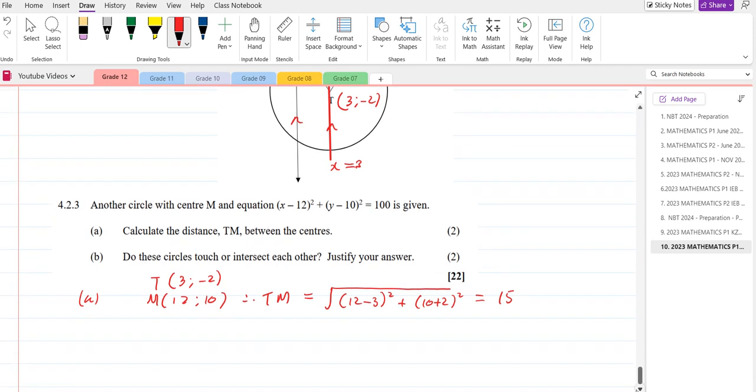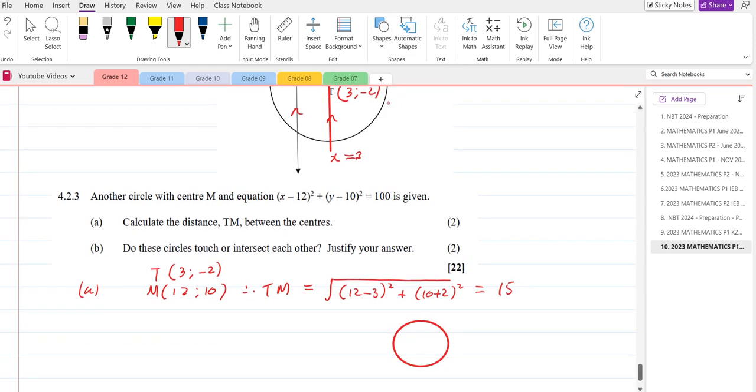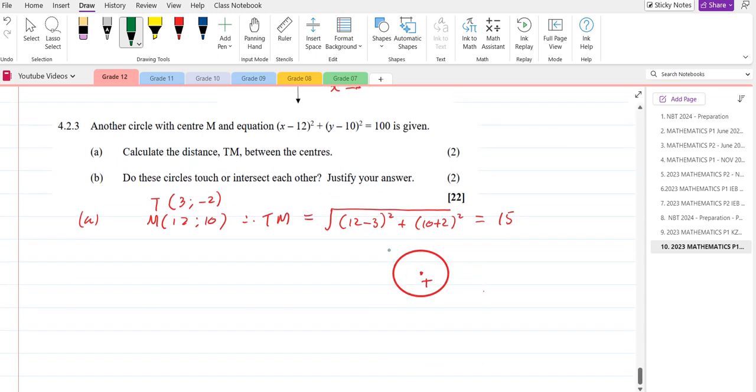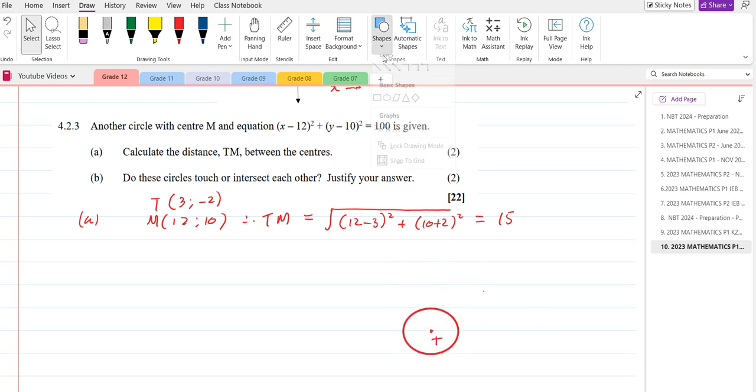So for the distance between the centers of the circles, we're looking at something like this, just to imagine. There's T here, and M is way up, because they said this is 10 and 12. So let me just explain this to you. And M is somewhere around there. There's another bigger circle here.